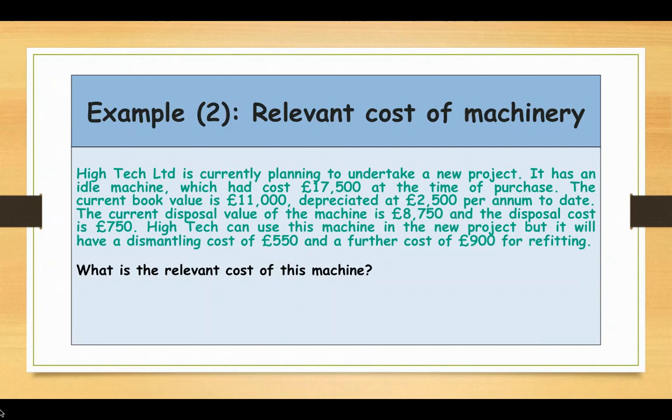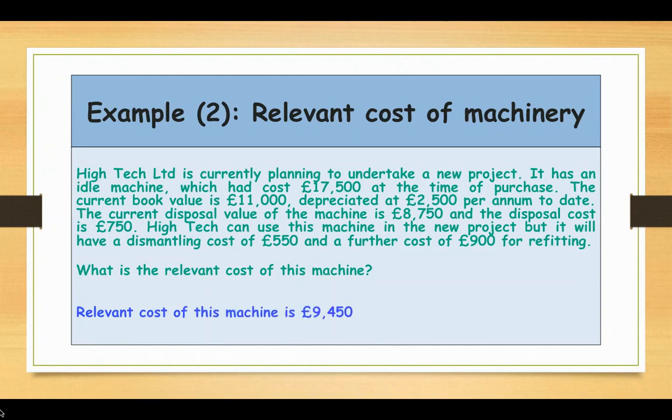8,750, take away the 750 disposal cost, so the net cost of £8,000, because if the company is going to use the machinery in this new project, the company will lose the scrap value of 8,000 plus the additional costs, the additional dismantling cost of 550, which is 8,550, plus the refitting cost of 900.